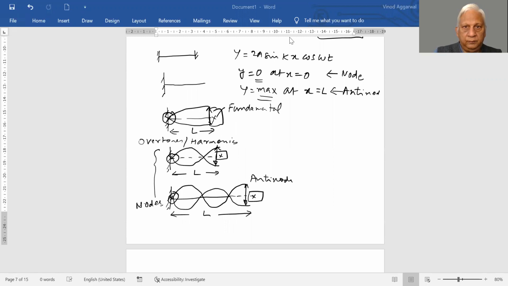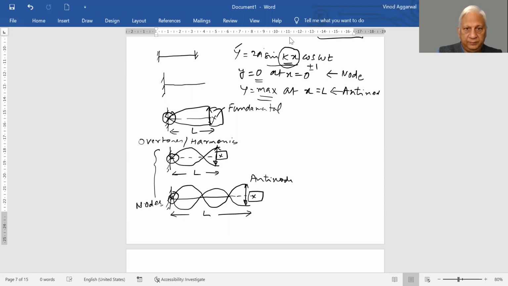Now for an antinode, what will be the value of kx so that this function becomes maximum? Sine can take a maximum value of plus 1 and a minimum value of minus 1.